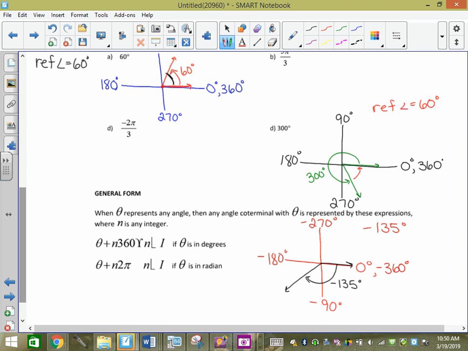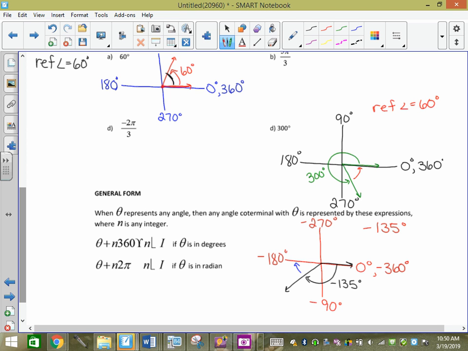But the reference angle is how far away you are from the terminal arm to the x-axis. Think of it as a distance. Distance can't be negative. So how many degrees from this terminal arm to this x-axis?